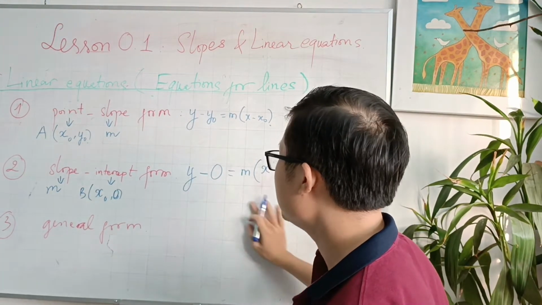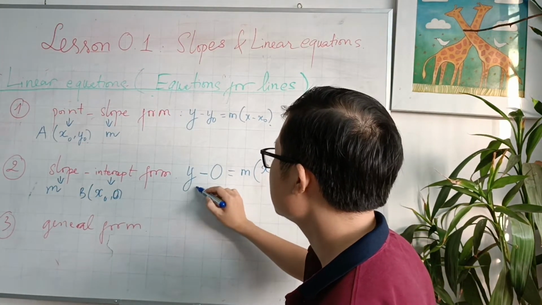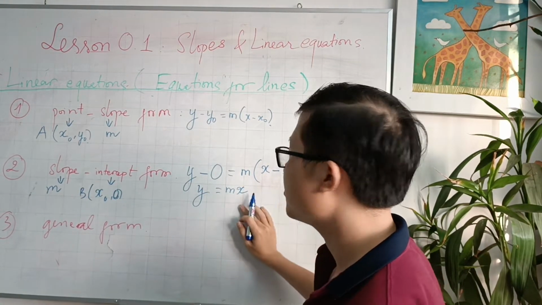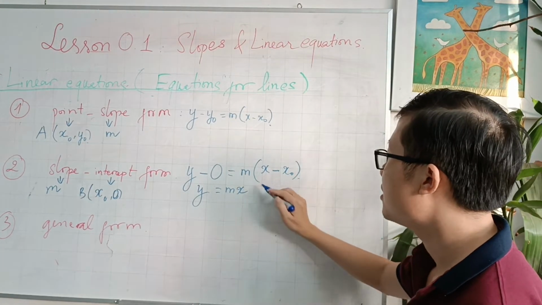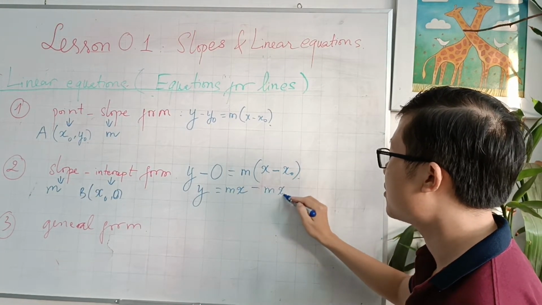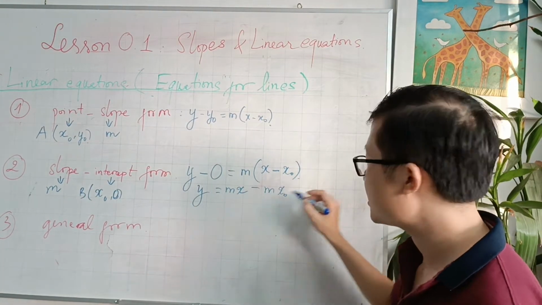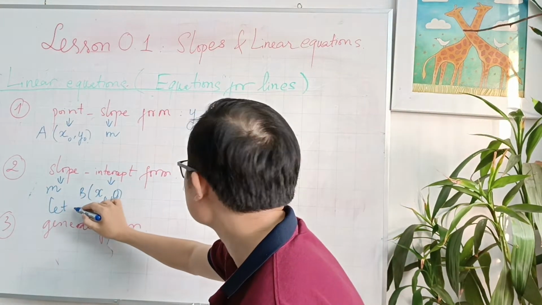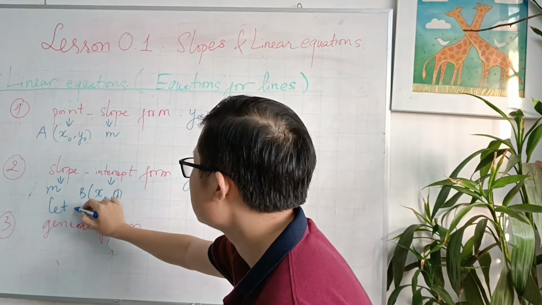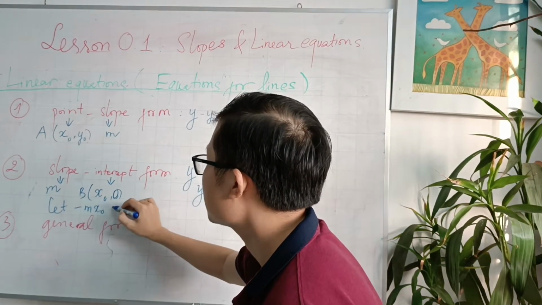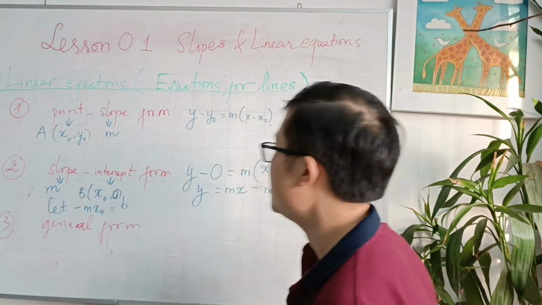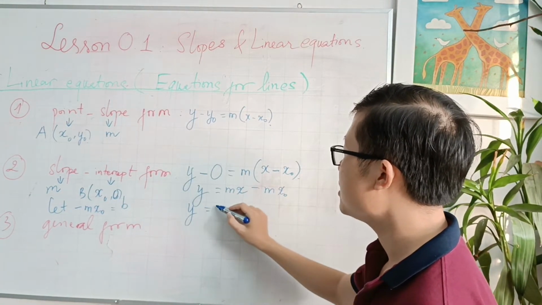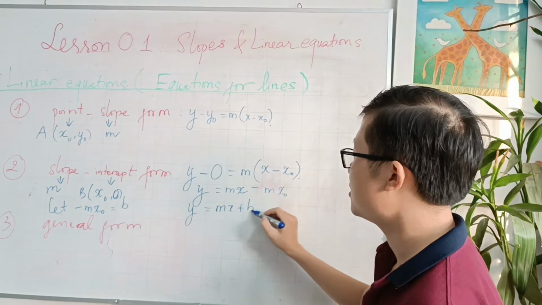So we can simplify this one. y equals mx, by the distributive property, minus mx0. And we let negative mx0 equal b. And we have the last form, y equals mx plus b.